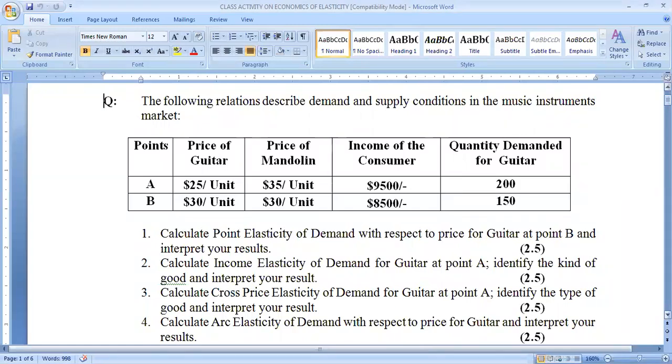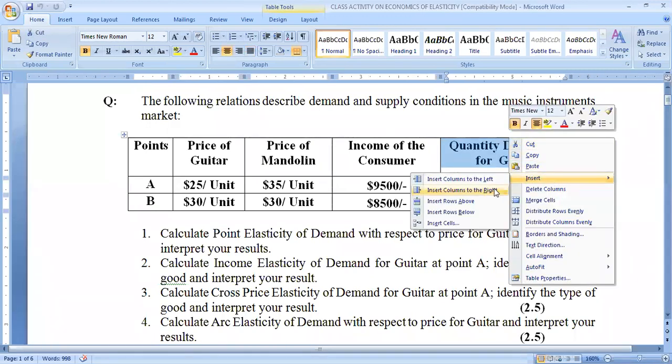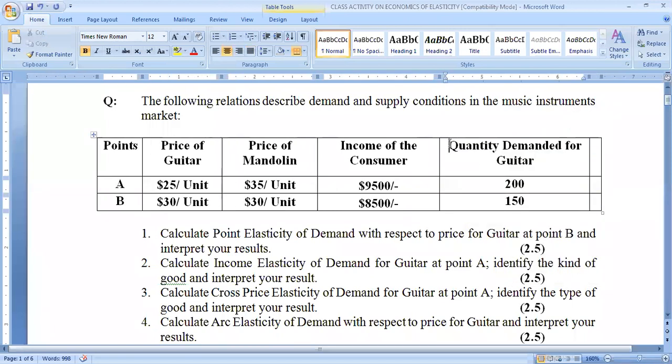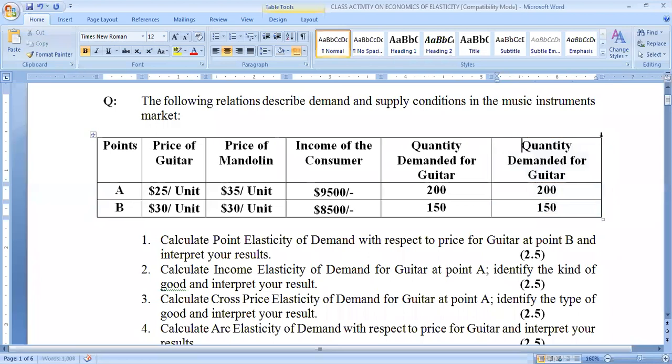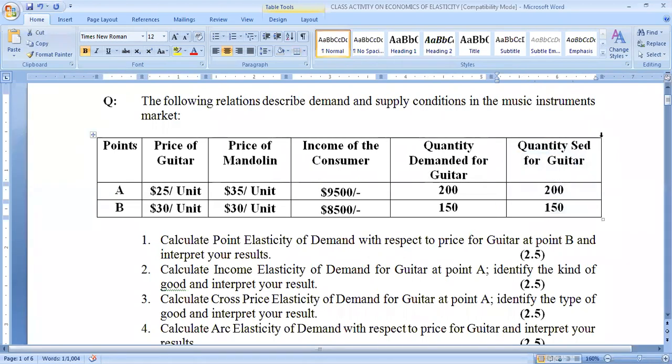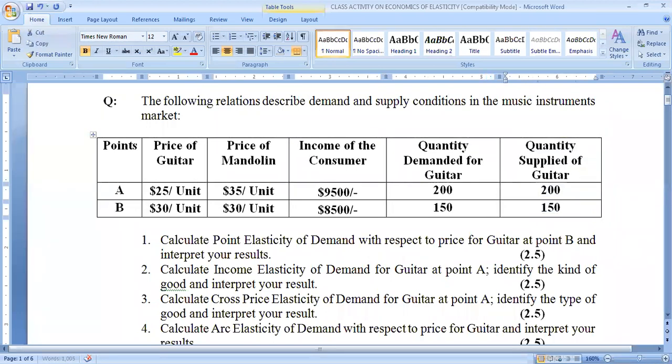The following relations describe demand and supply conditions in the music instruments market. Let me add one more column over here for justifying my statement so that you could just have a complete picture about the example. The second last column shows quantity demanded for guitar. This shows quantity supplied of guitar, right?